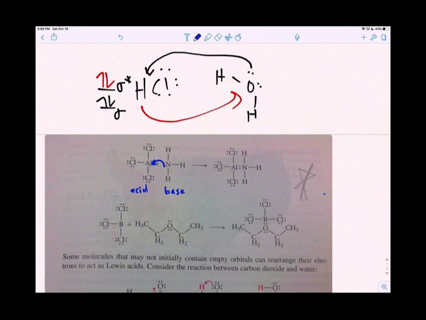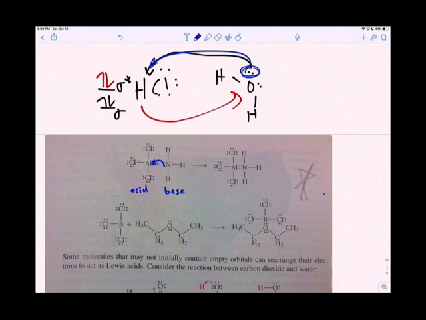From water, the electron pair will transfer to the antibonding orbital of the hydrogen chloride molecule, and the hydrogen will pop off, and then it'll just be soaked up by the water again.